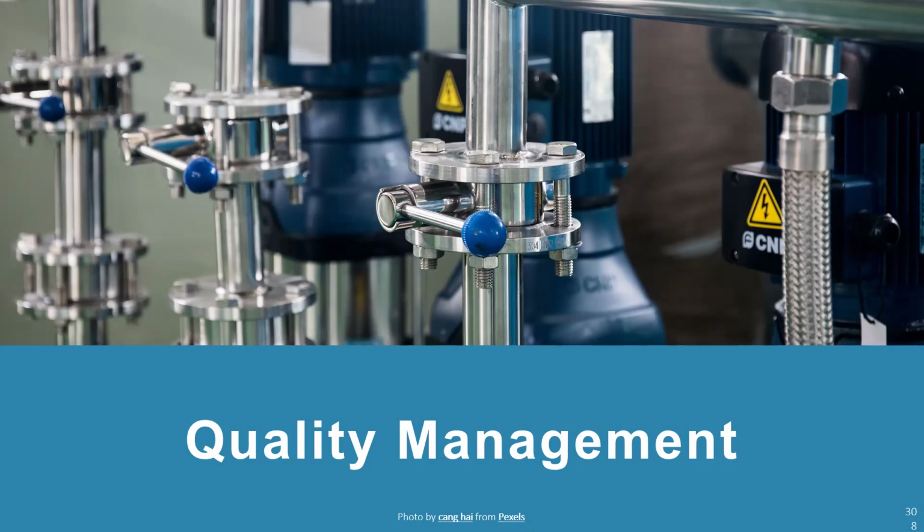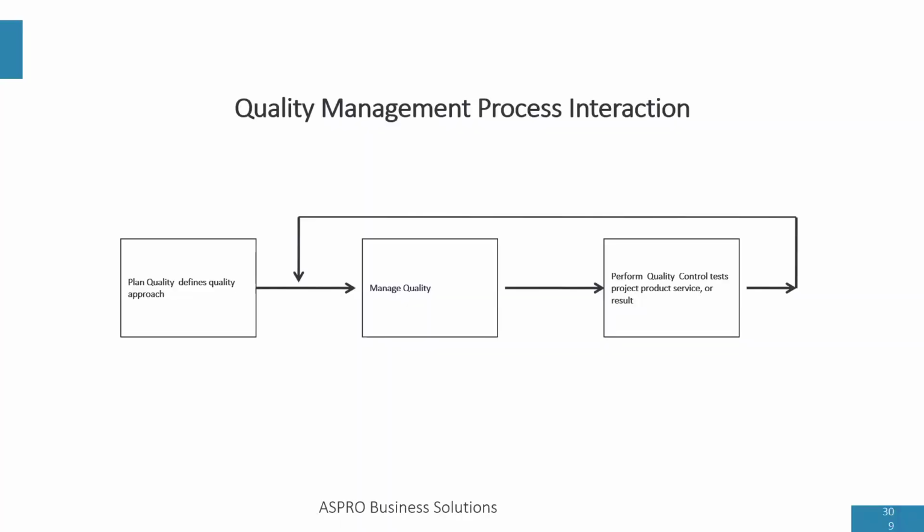And quality is very important because it ensures that the needs of the customer are met. If the product's quality is not good enough, then the customer can reject the product that we're trying to create. And this is why quality is an important knowledge area.